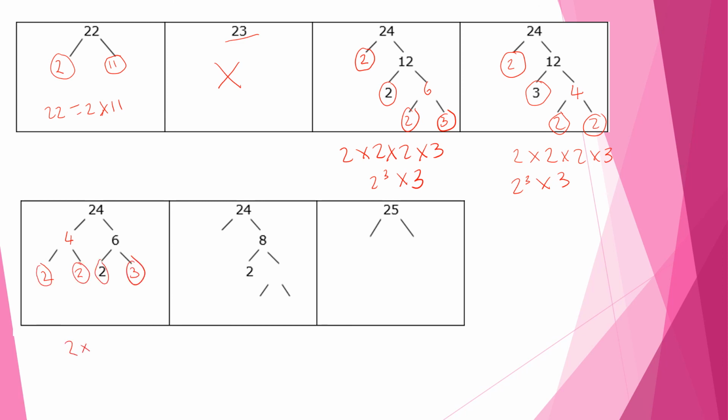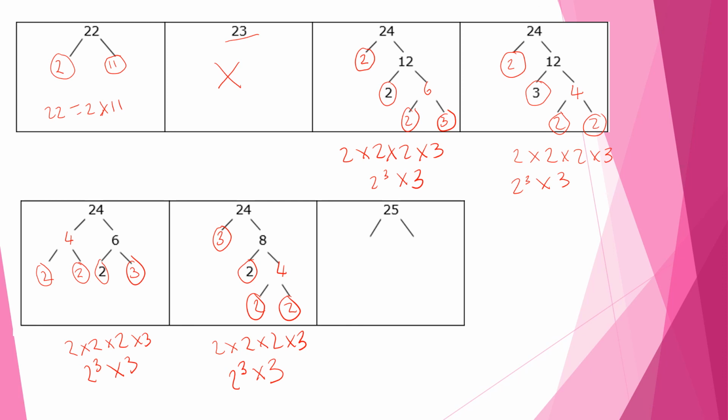So again, 2 times 2 times 2 times 3, or 2 cubed times 3. And finally, we're going to do 3 times 8. We're going to do 2 times 4 and 2 times 2, which again gives us 2 times 2 times 2 times 3, or 2 cubed times 3.